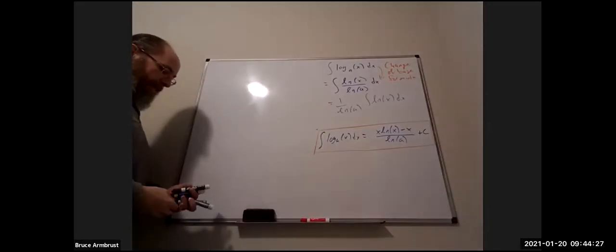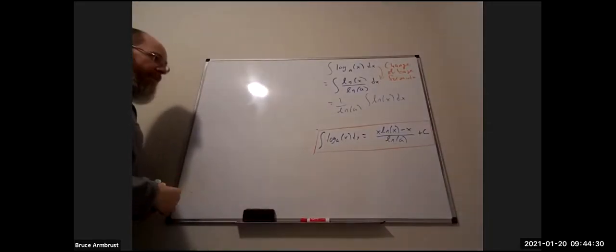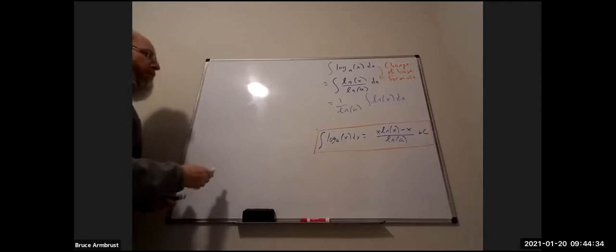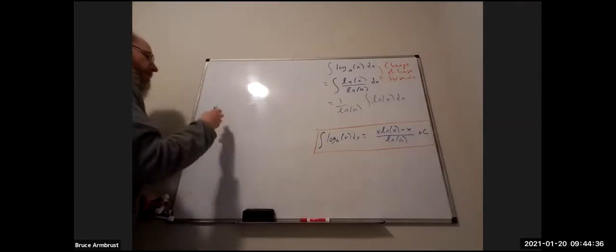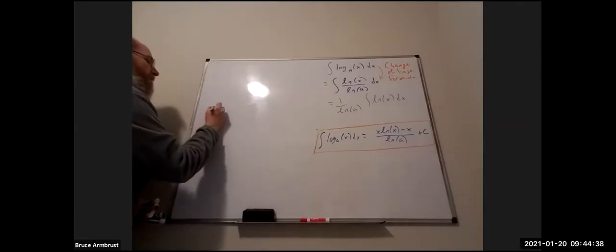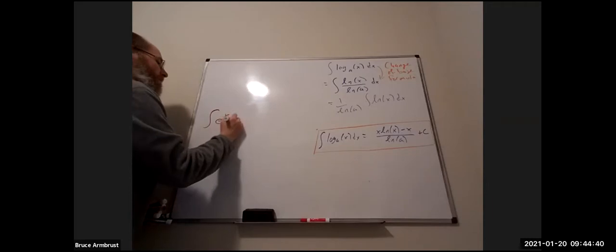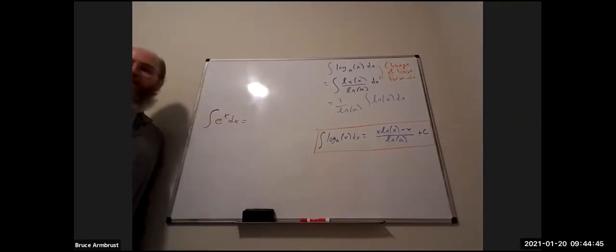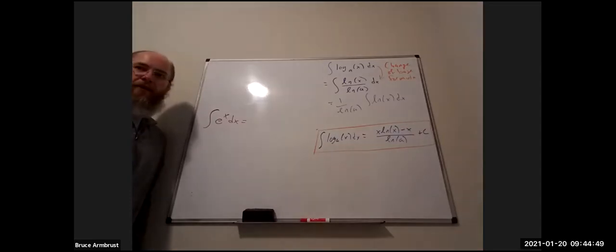So let's start with e to the x. Our good friend, we like this guy. What about e to the x? All right, so can you think of a function whose derivative is e to the x?